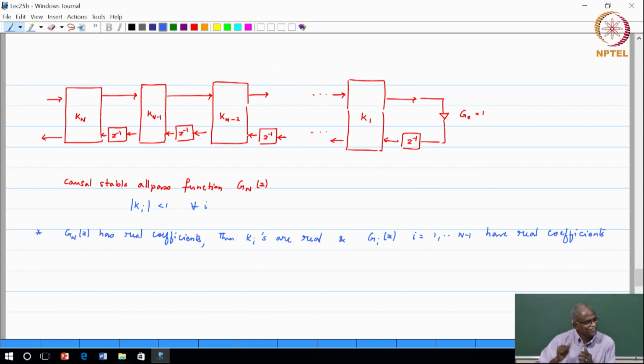Those are just the reflection coefficients. That is actually what you do for the all pass structure. It is actually the test for stability of a polynomial. How do you test for stability of a polynomial? If you take any polynomial, take your polynomial to be b of z, construct an all pass, and then compute all the k coefficients, and all of them come out to be less than 1, you are guaranteed that it is a stable transfer function, all the zeros are inside the unit circle, right.